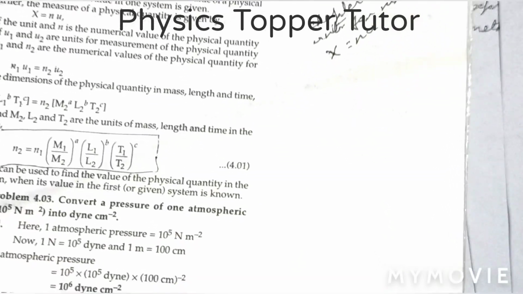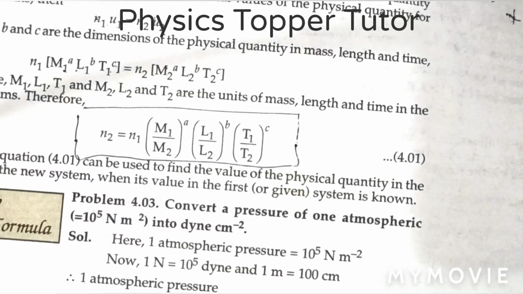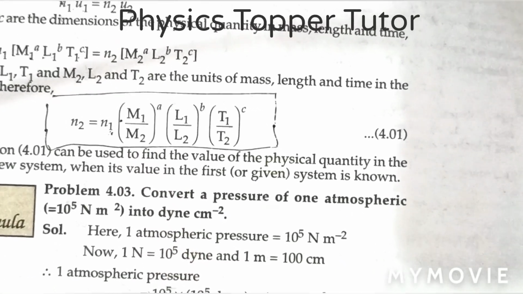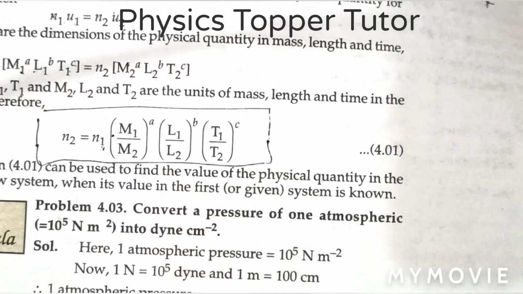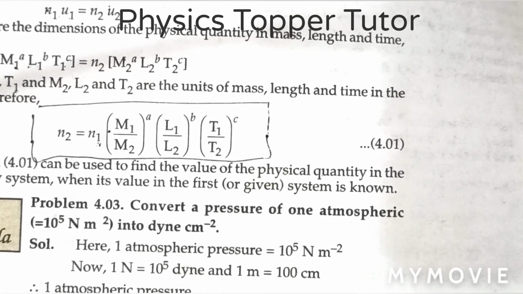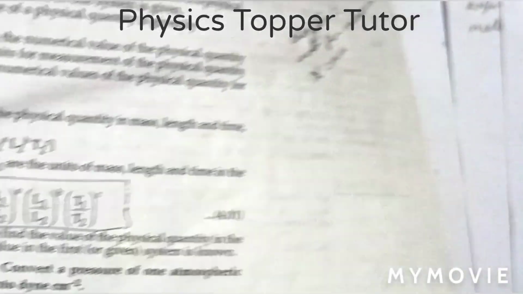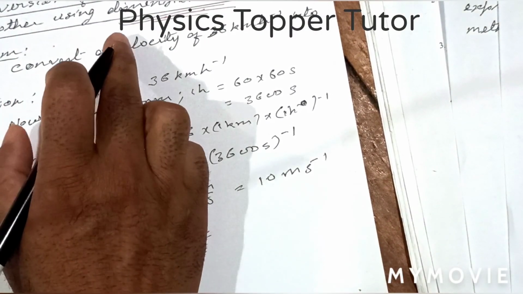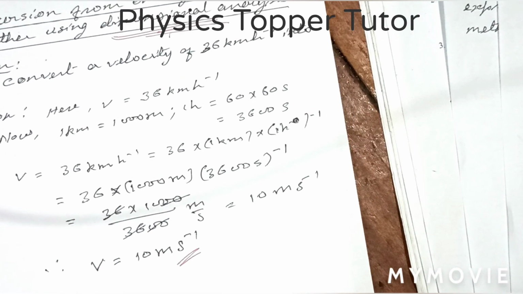So look carefully. Let me show you clearly. This is the general dimensional formula, so we are going to use this and solve the same problem. Now we shall solve the same problem.